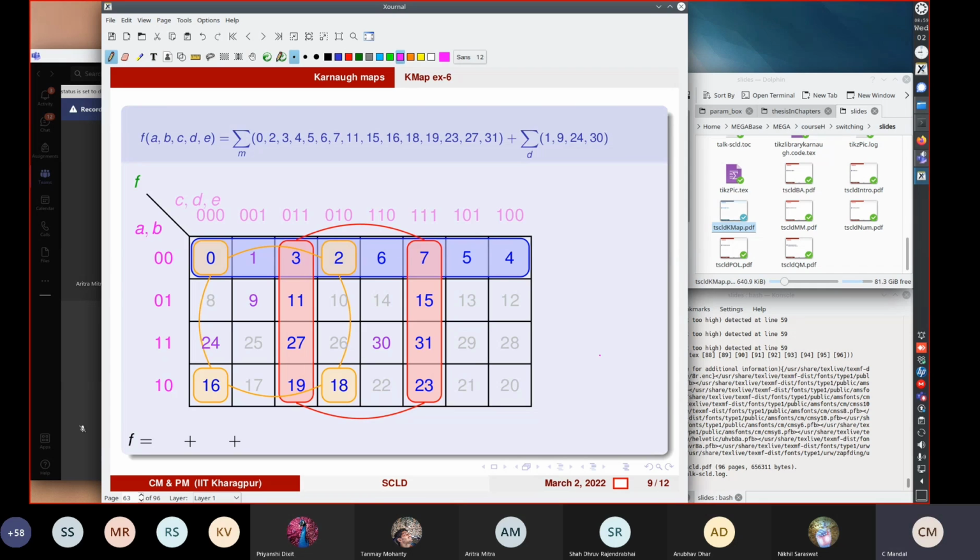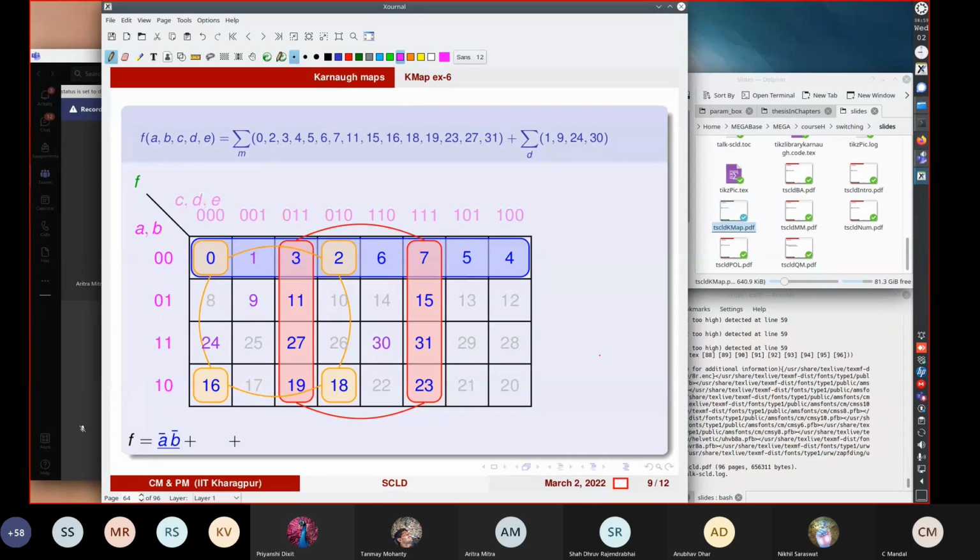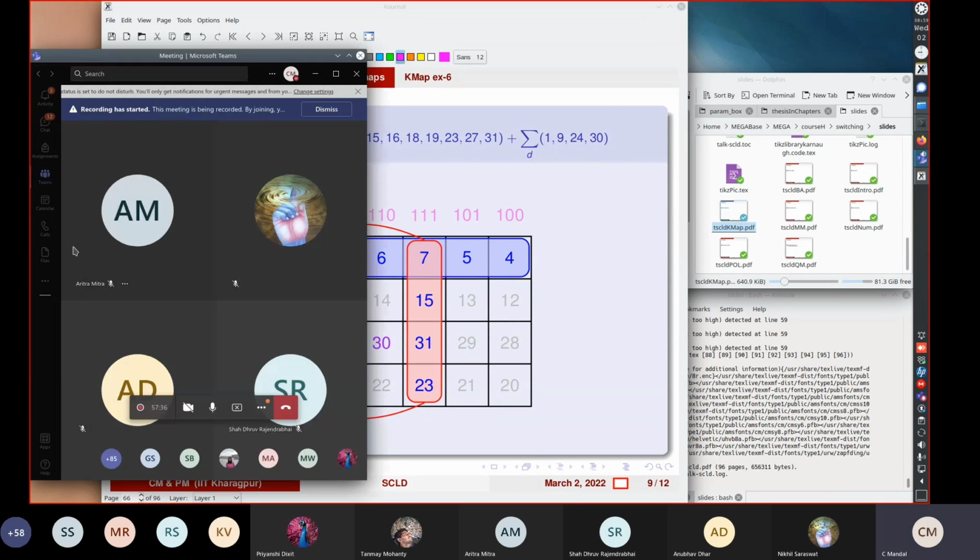This one is also done without any don't care terms. Yeah, so that's all. So you have used only one don't care term. All right. So anyway, I think this principle is quite clear to you. Any questions here from anyone?